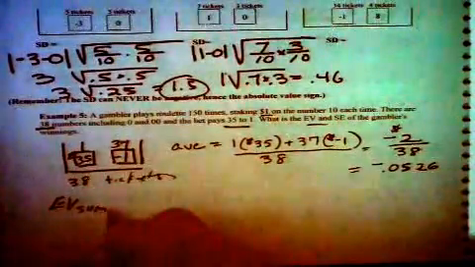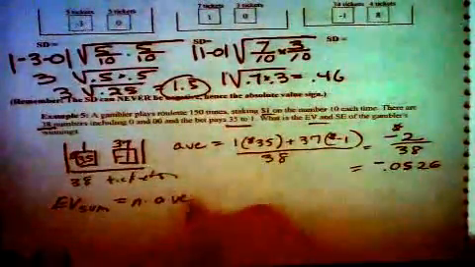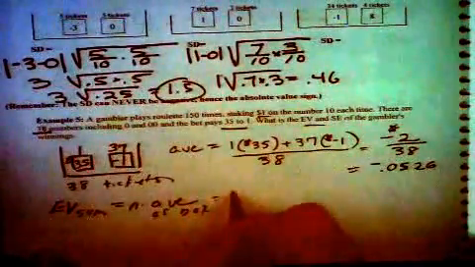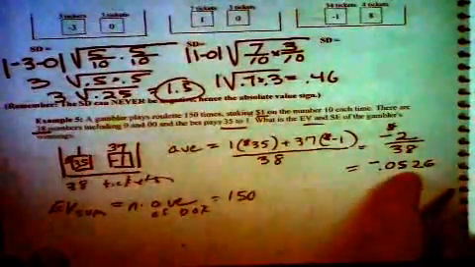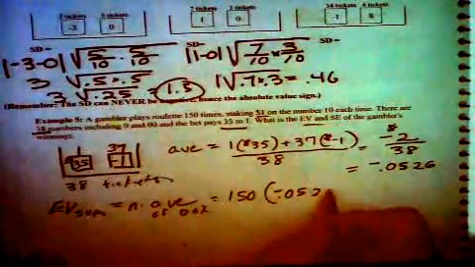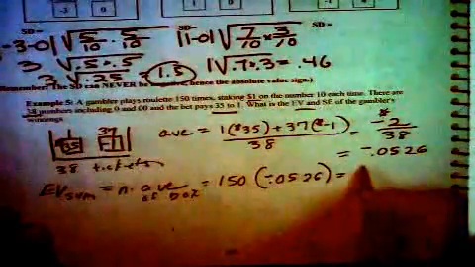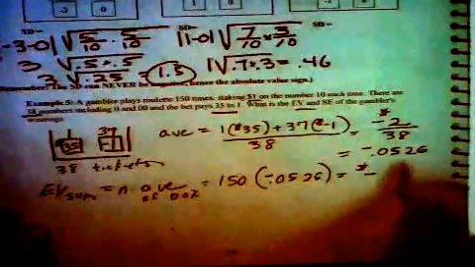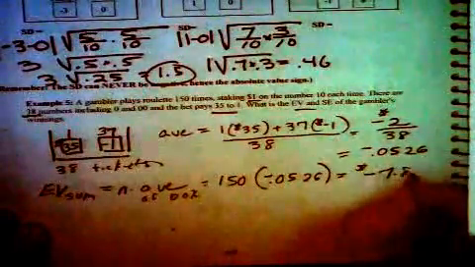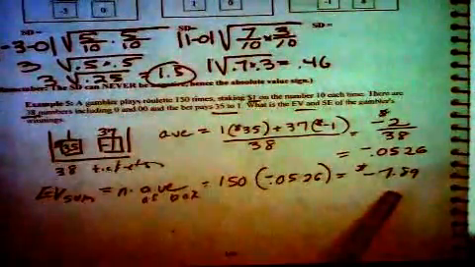The expected value of the sum is n times the average of the box, which is 150 times negative a nickel. That means we get negative $7.89.